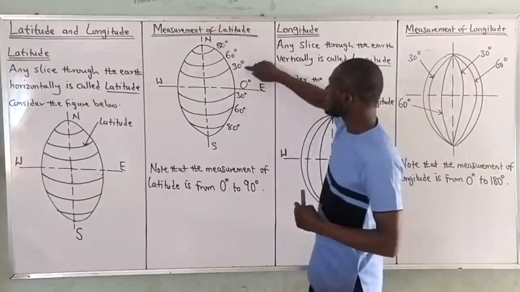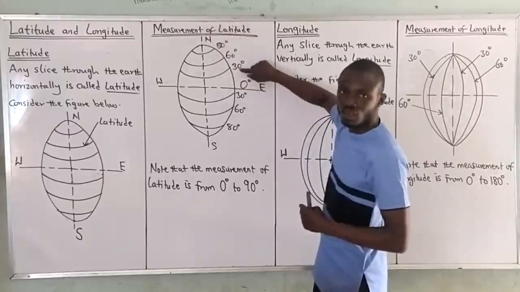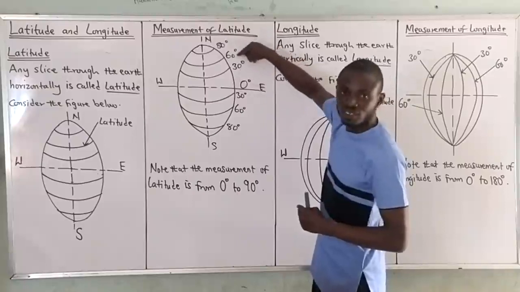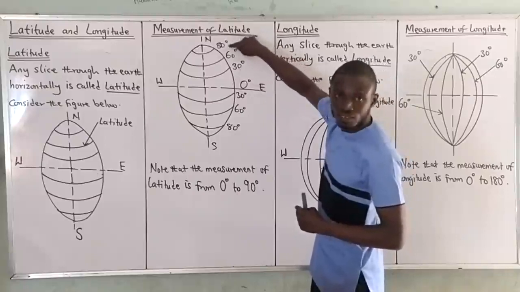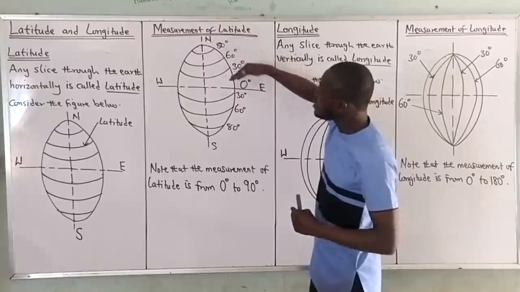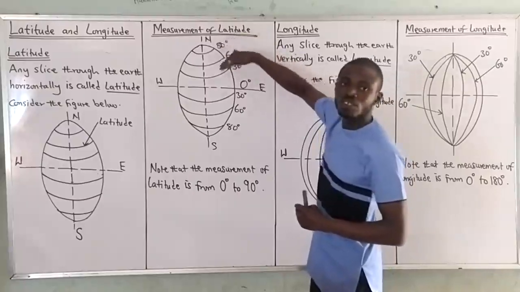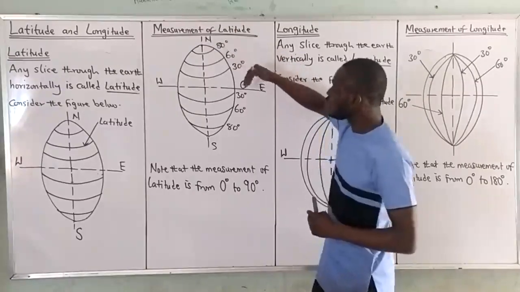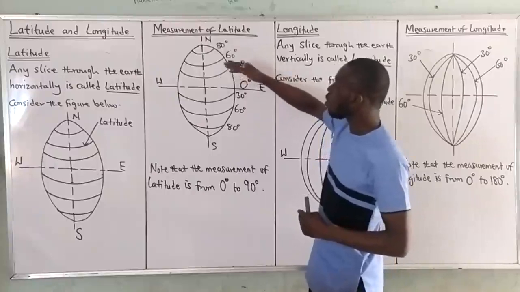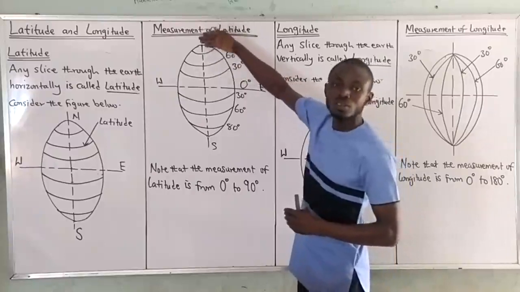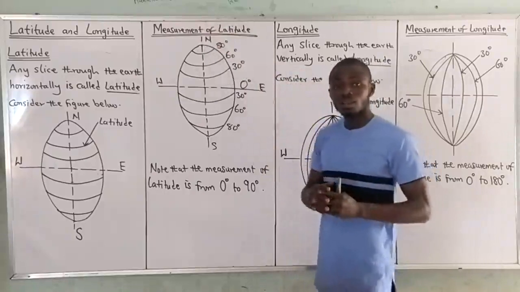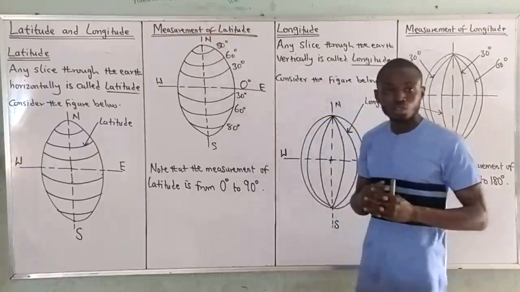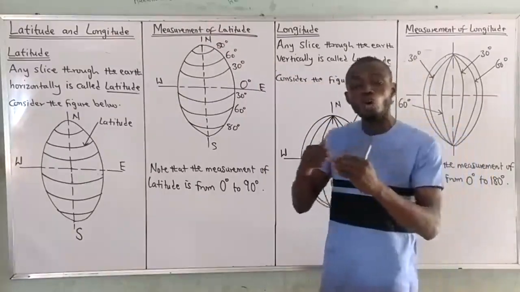That is why what we have here is 30, followed by 60, followed by 80. It is an increase towards the north.